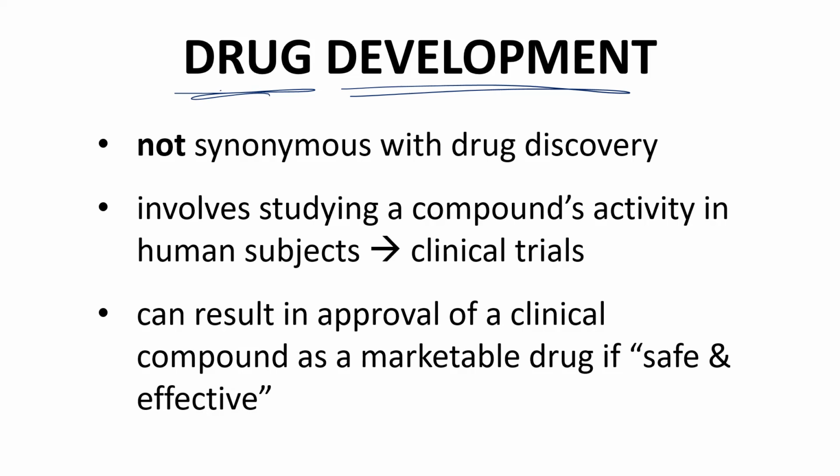While drug discovery strives to find and design compounds suitable for study in humans, drug development gathers evidence from human studies. These are clinical trials. Human study data, if they establish adequate safety and efficacy, may lead to market approval. We've now clarified the distinction between drug discovery and drug development.